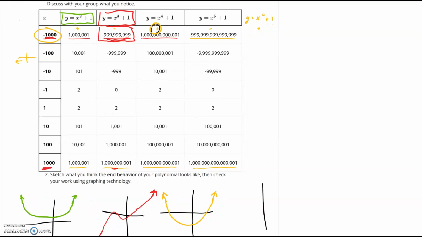Last but not least, my 5th degree, notice it's negative on the left, right? On the left-hand side, as x is really small negative, this number is a really small negative, and then on the right, it becomes positive, so this end behavior should look like this.